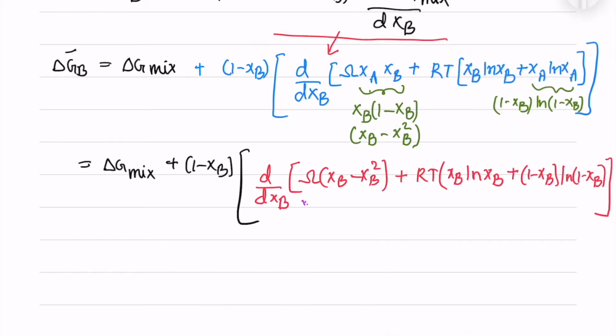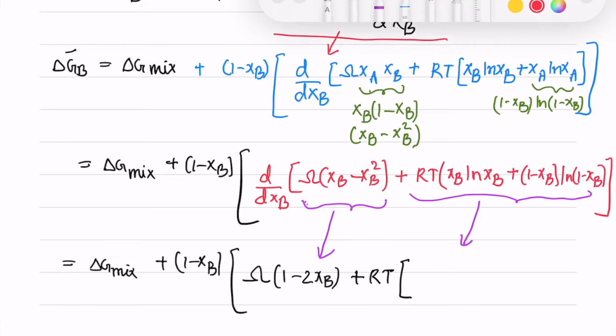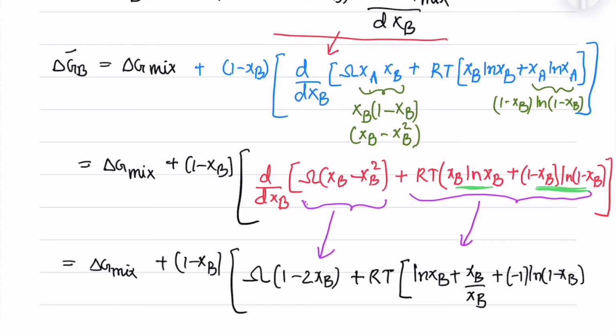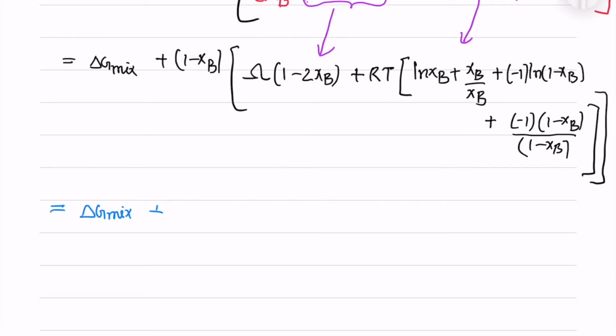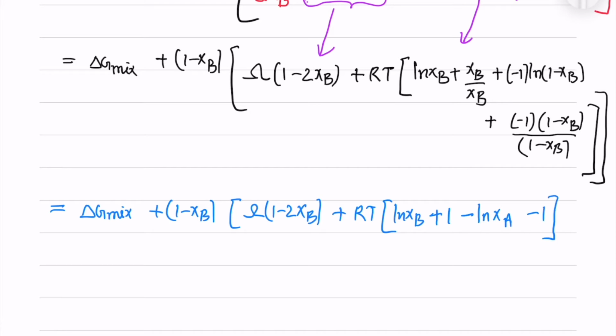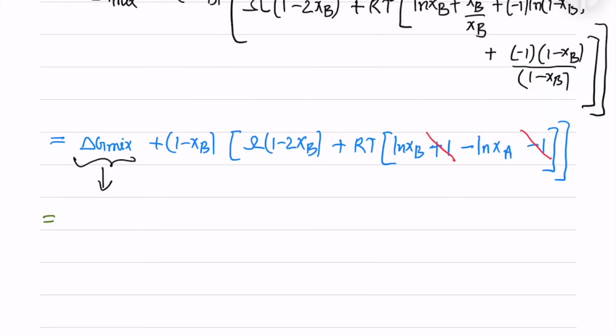and do the differential. So this is how the differential looks like. Now we will write in terms of simple things. Now we'll cancel plus minus 1. We will expand the delta G mix.